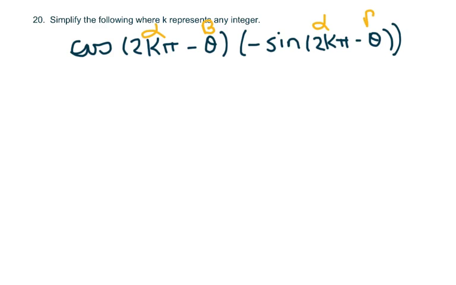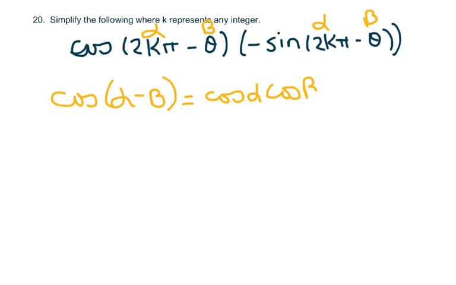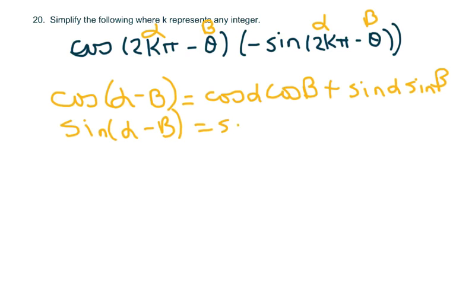And don't forget your sum and difference formulas: cosine of alpha minus beta equals cosine of alpha cosine of beta plus sine of alpha sine of beta. And sine of alpha minus beta equals sine of alpha cosine of beta minus cosine of alpha sine of beta.